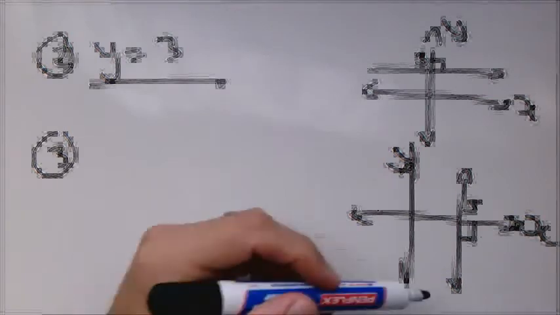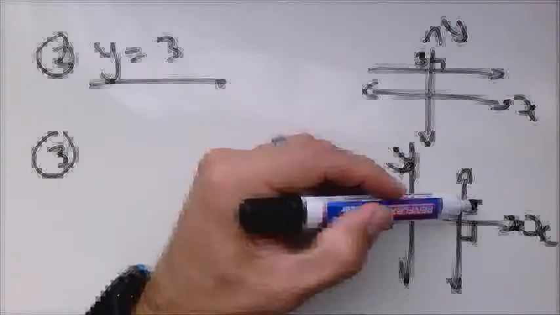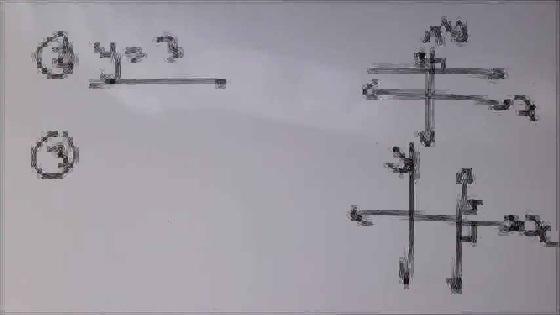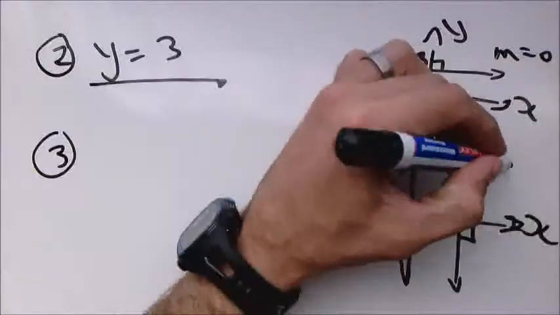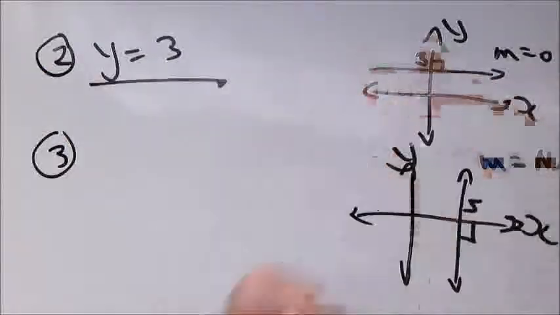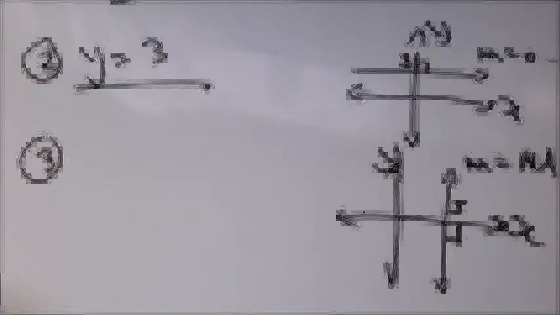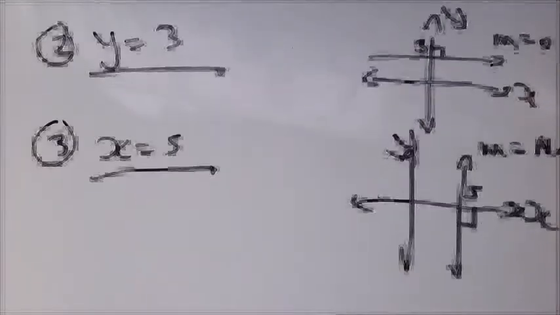So you've got a vertical line going through 5, it's parallel to the y-axis. So we know that the gradient is not applicable over here. Just like over here the gradient was 0, over here the gradient is not applicable. So now we know this will just be x equals 5. That is the equation of that line.